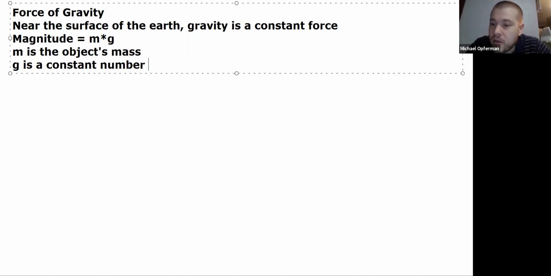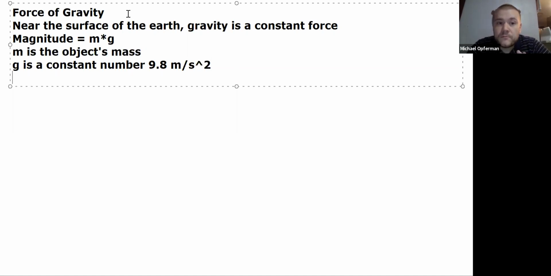So basically m is the property of the object which is being pulled down. g is the property of the Earth, which is doing the pulling. And the value of g in SI units is about 9.8 meters per square second.